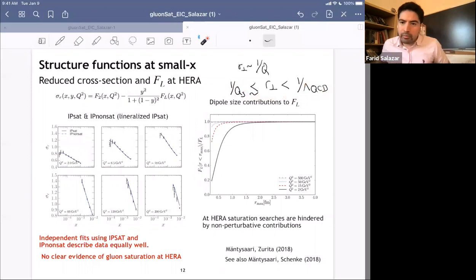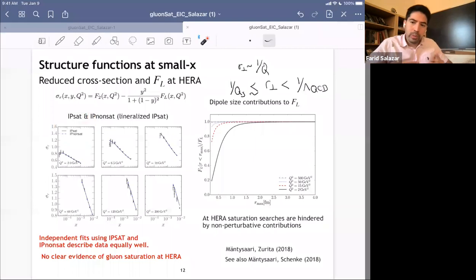The way that manifests is, for example, in these plots. IPSAT is a model that includes gluon saturation. These are fits of HERA data, the reduced cross section, with the IPSAT that includes gluon saturation, and the so-called IP non-SAT, which turns off this nonlinear physics.